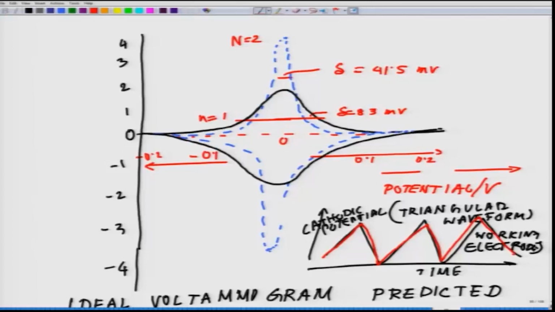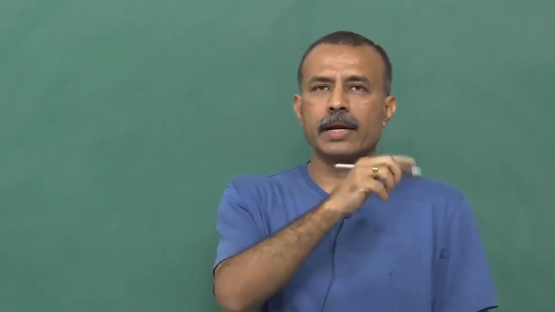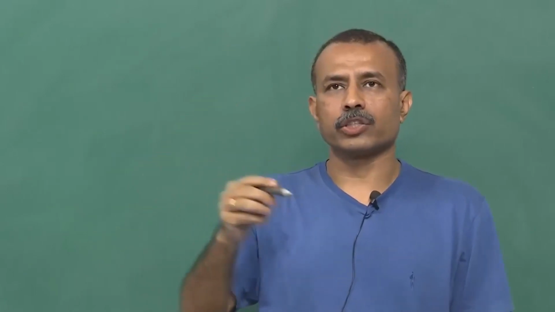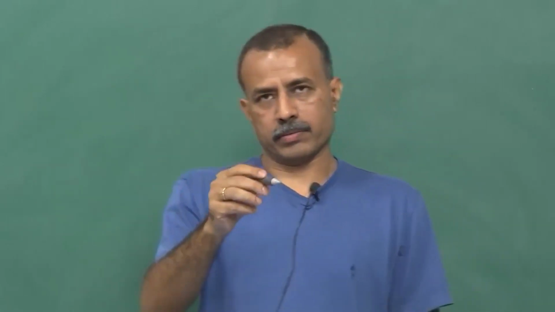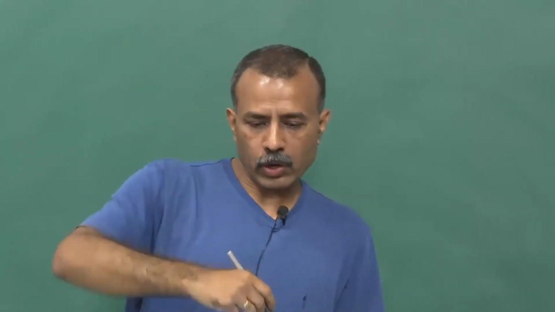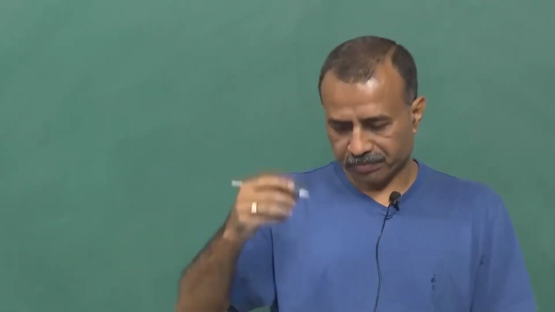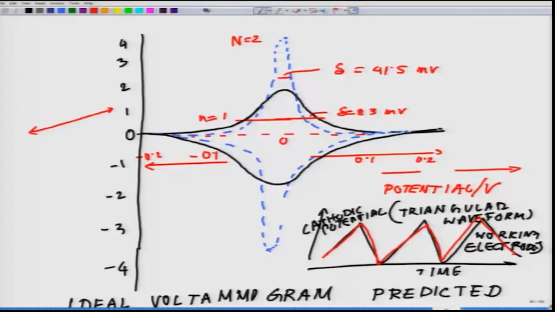I am not getting into the technical details, because that is beyond the scope of this course, but based on that you can switch from anode to cathode. You can allow the oxidation and reduction of a particular analyte to happen in a cyclic fashion, and based on the width or the height of the current, you can figure out how many electrons are being accepted or donated.